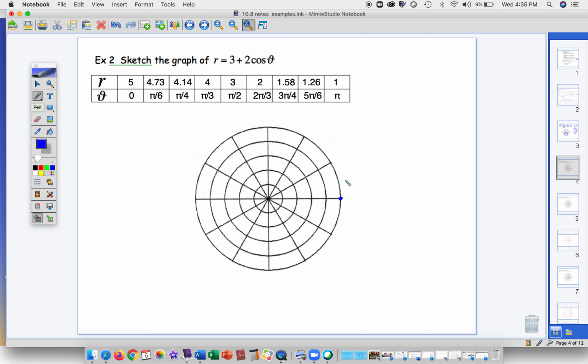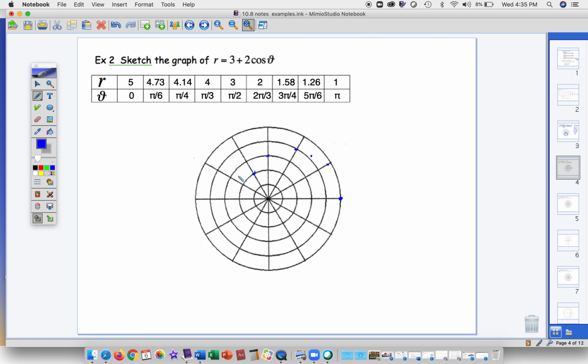Let's see, 4.73 for pi over 6, 4.14 for pi over 4. At pi over 3, I'm right at 4. Pi over 2, I'm at 3. At 2 pi over 3, I'm at 2.